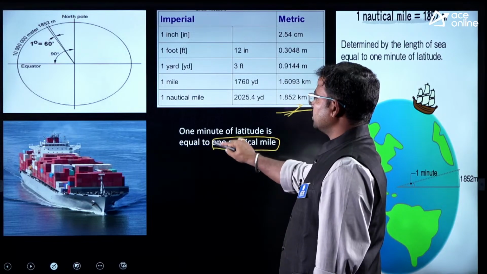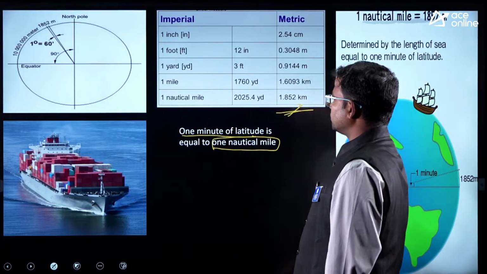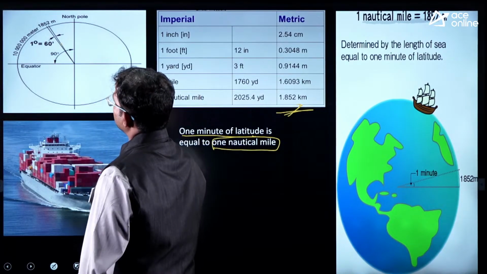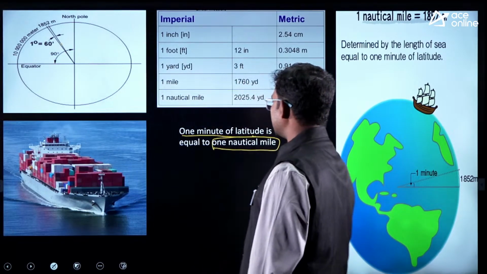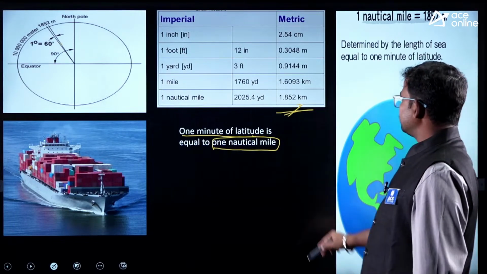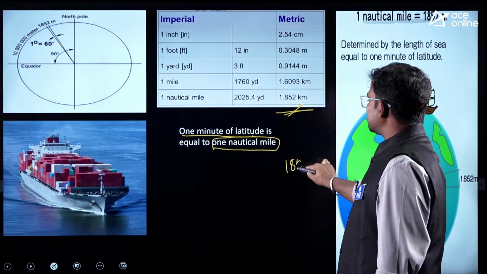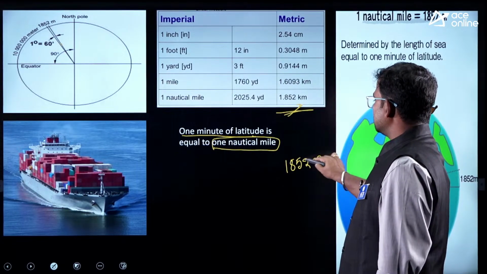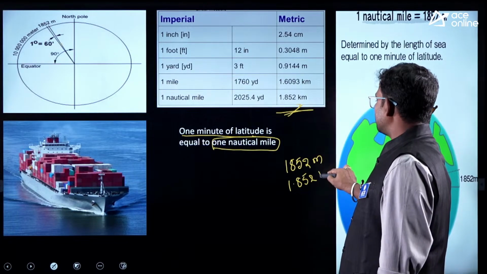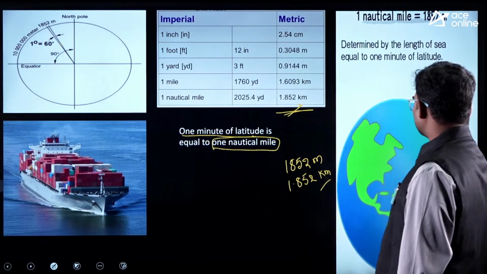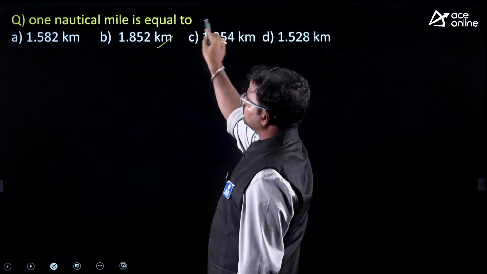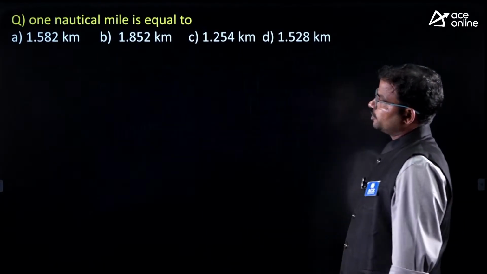You should remember that 1 minute of latitude is generally considered as 1 nautical mile. Its value is 1852 meters, in kilometers 1.852 kilometers. So the correct one is option B, 1.852 kilometers.